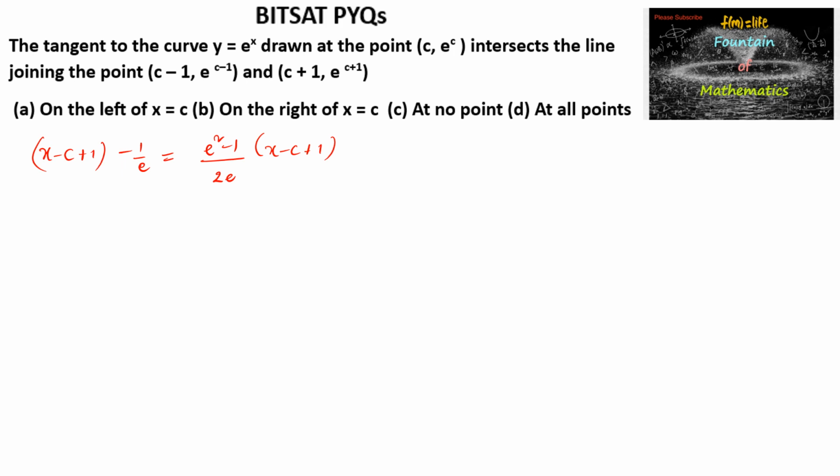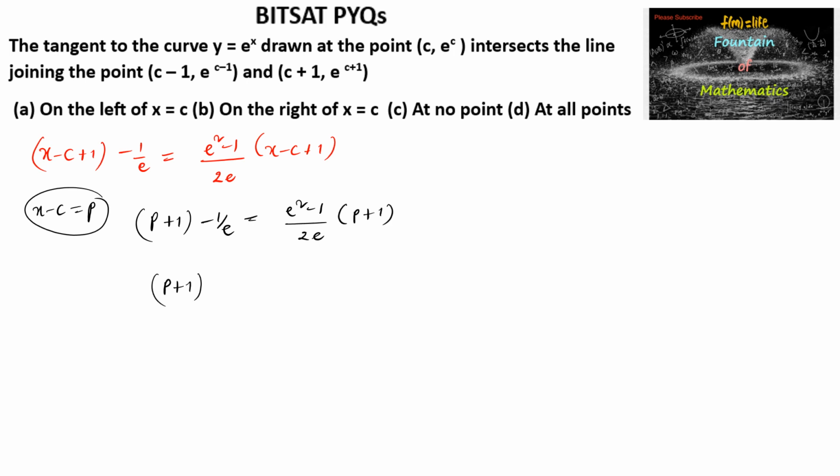So let us consider x minus c is equal to some p. Let x minus c is equal to p. So we can write p plus 1 minus 1 upon e is equal to e square minus 1 upon 2e into p plus 1, or p plus 1 taken common.